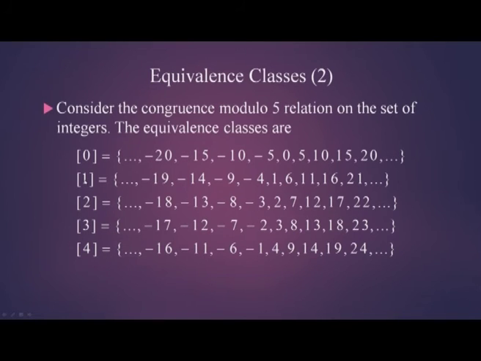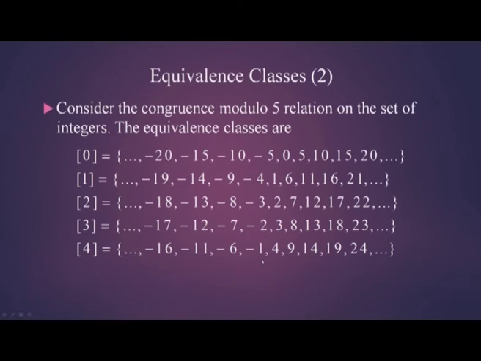Now, if we want to find out the equivalence class related to 1, then we see that it is 1, so instead of 0 it is 1, instead of 5 it is 6, instead of 10 it is 11, and so on. So, this whole equivalence class that we have got corresponding to 0, we have to shift by 1 and we get this one, shift by 2 we get this one, shift by 3 we get this one, and 4.